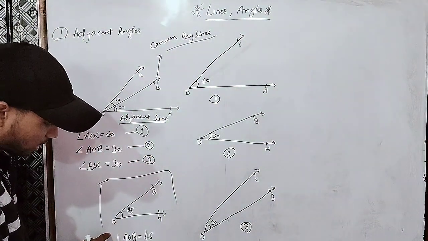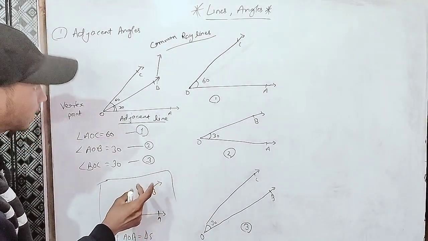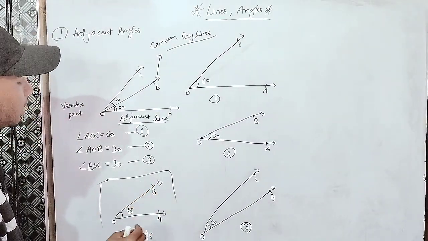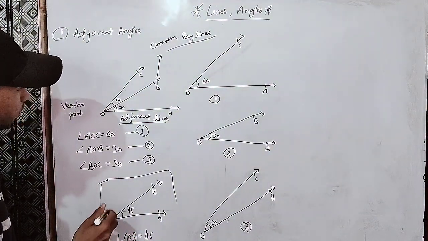But in the case of this diagram, we don't have an adjacent angle, we don't have common ray lines, and we don't have opposite lines. Okay.